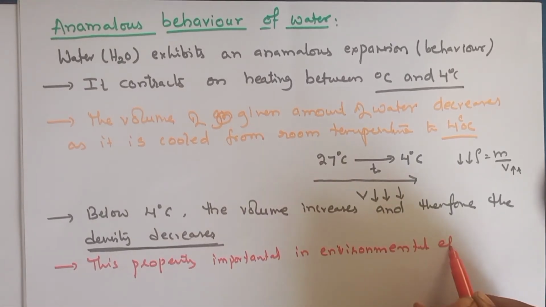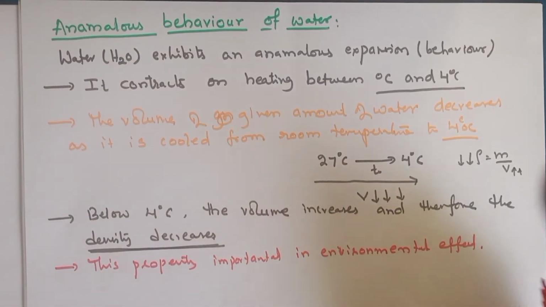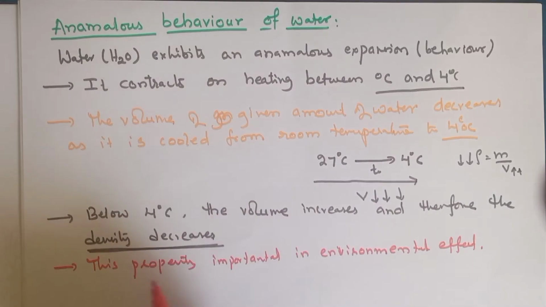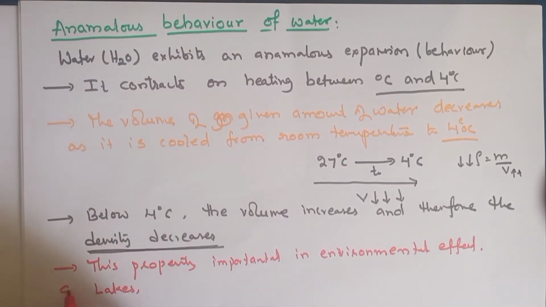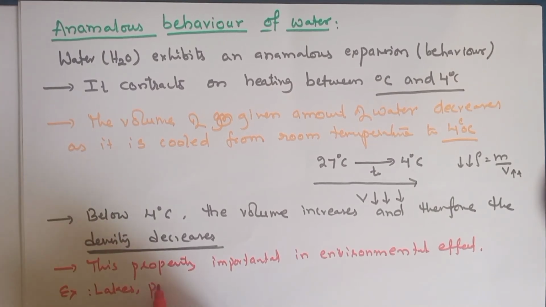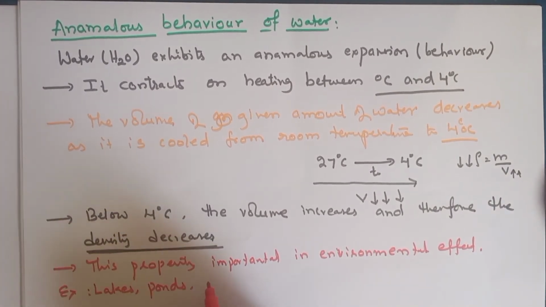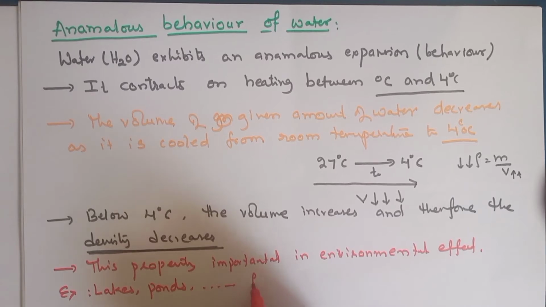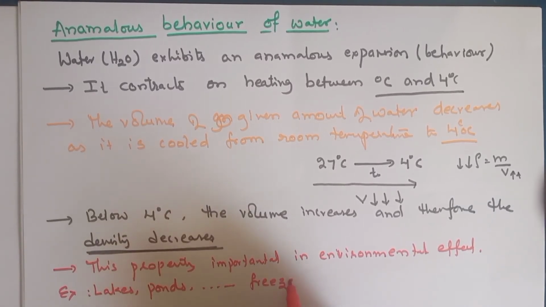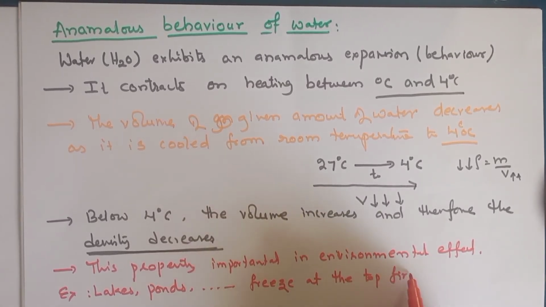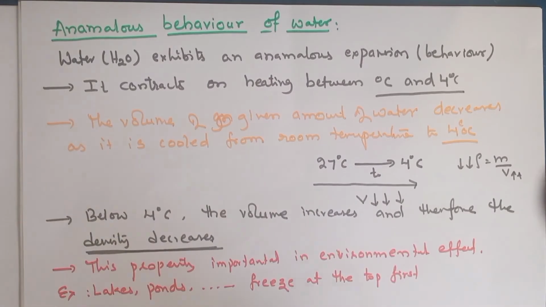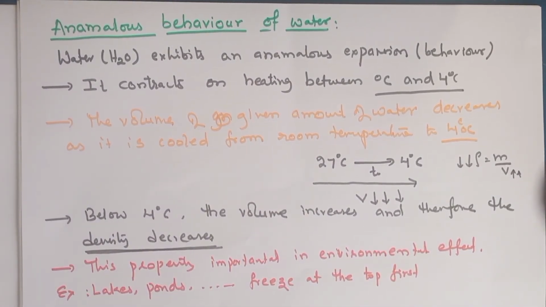How do lakes and ponds freeze? They freeze at the top first. The upper layer becomes icy first, and the lower layers remain water.